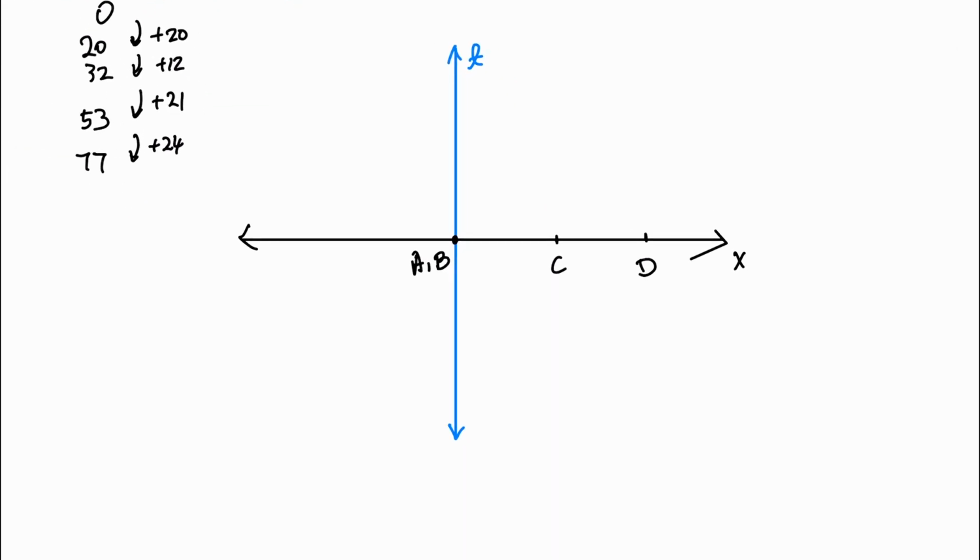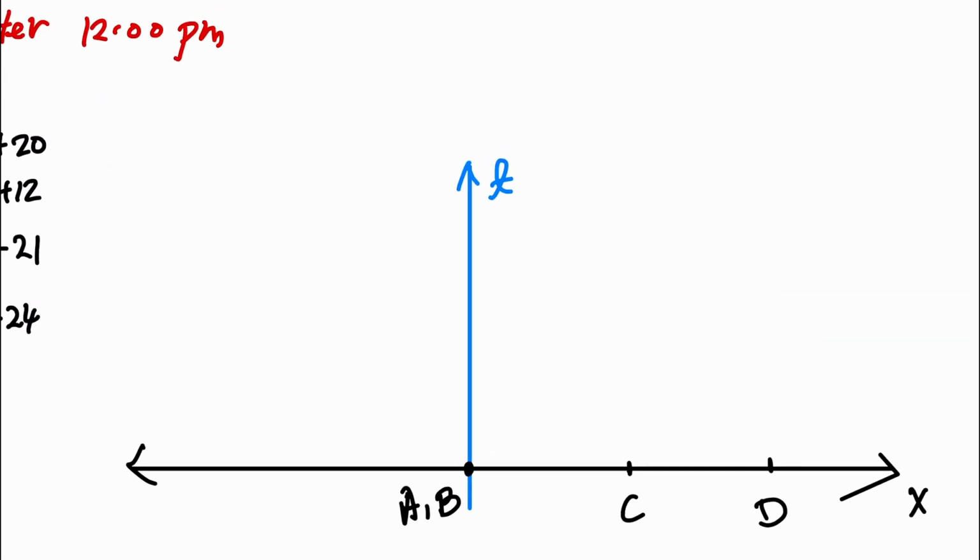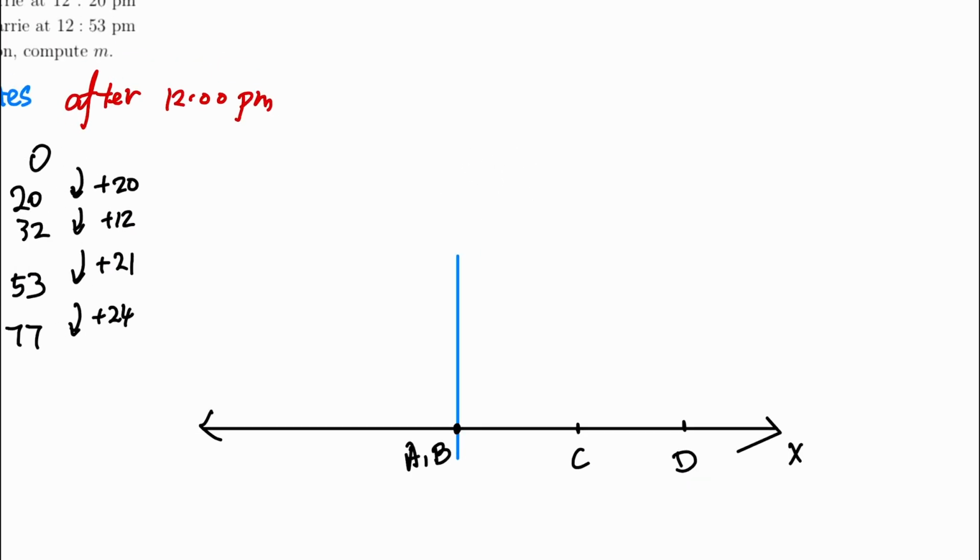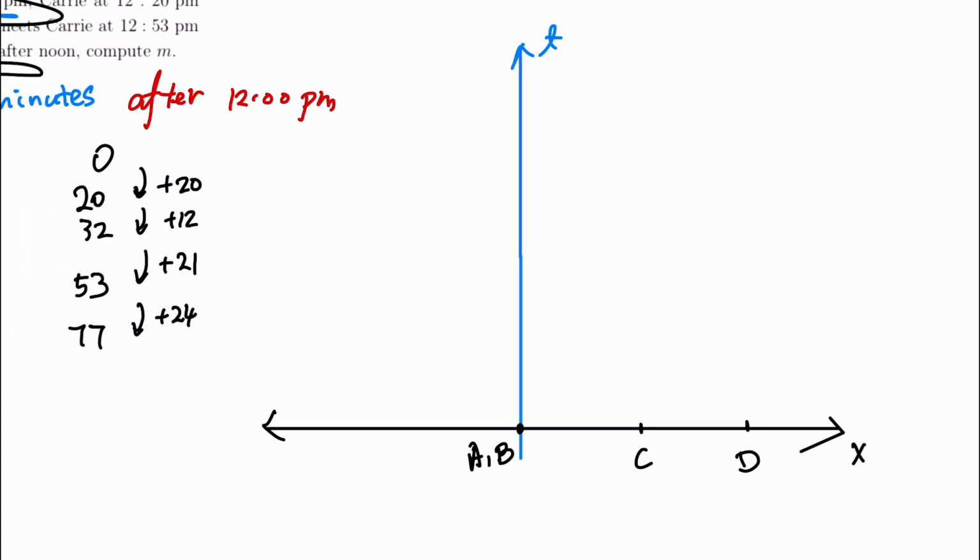And this t-axis, we don't really need the other half of it because we're just interested in 12 p.m. and beyond. So let's extend this t-axis a little bit more, to give us a little bit more free estate. So here we go. Let's take a look. How can we make this represent and eventually find M?